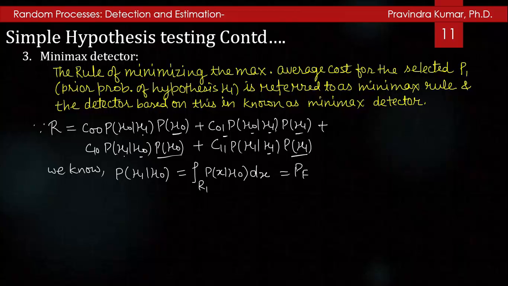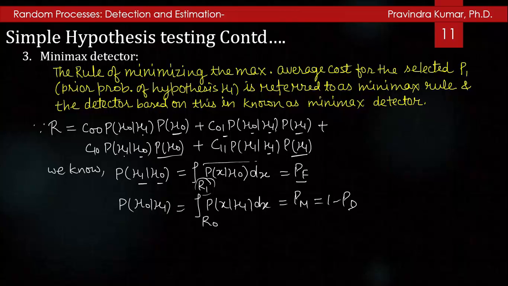We know the conditional probability P(H1 when H0 is given) is the integration in the critical region, because we have decided H1, of the PDF under hypothesis H0, p(x given H0) dx, and it is known as the false alarm probability. And P(H0 given H1) is the integration over the region R0 of p(x given H1), the PDF under hypothesis H1, and this is known as the miss probability, or you can write it as 1 minus the probability of detection.